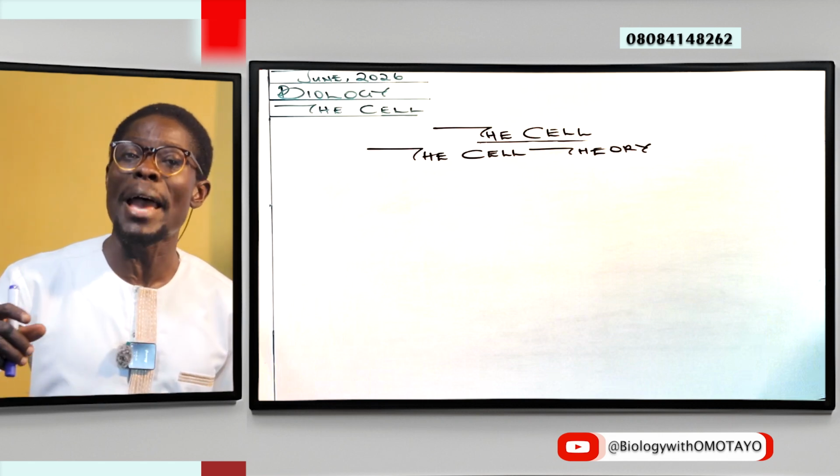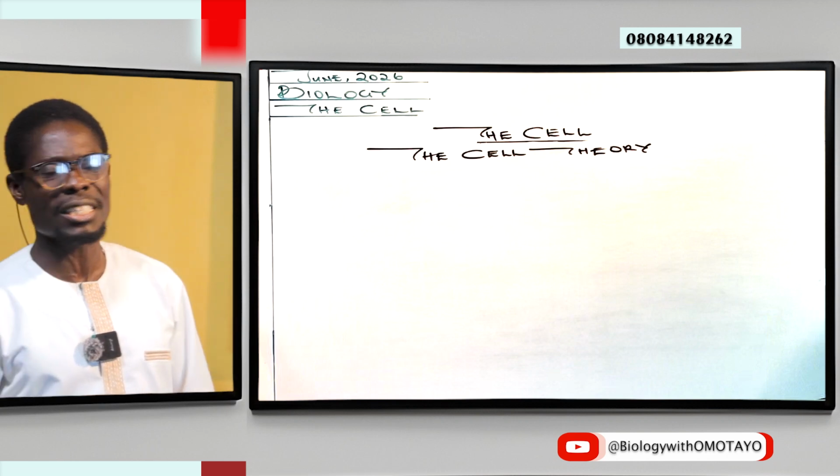Coming from our previous knowledge on scientific methods, you know that you don't just start from a theory. Usually, it will have started from an observation, from an inference, which is a product of an observation that would now have been subjected to further grouping and classification, after which a hypothesis is postulated, and from the hypothesis, experiments are designed. From the experiments designed, experiments are carried out, and then results obtained.